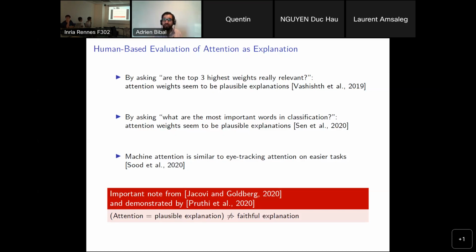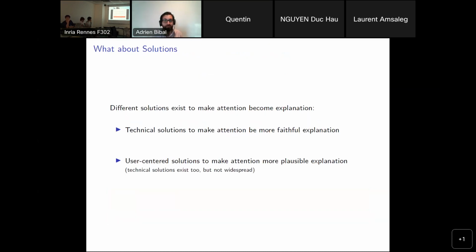So the users will say, okay, this explanation is not biased and is plausible for me, so it's a good explanation for me as a user, but in fact the model is built to be biased. So the explanation is not faithful because it's not showing the biases of the model. So you can have a plausible explanation, something that's plausible for the user, but that's not really faithful to what the model is really doing.